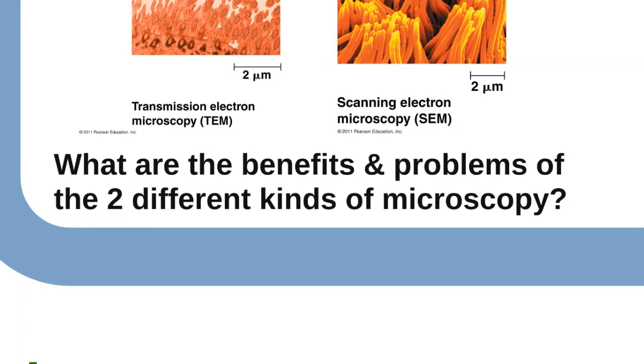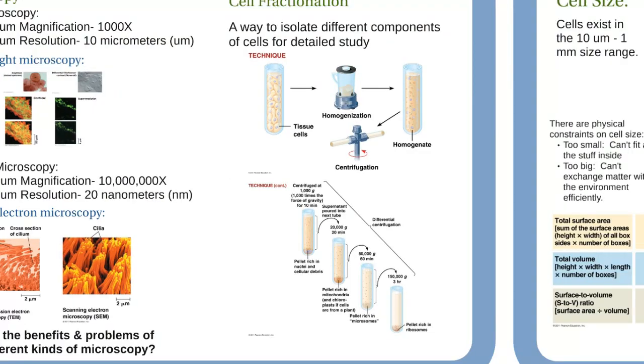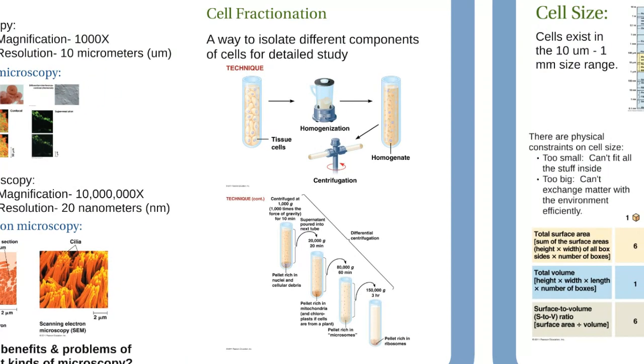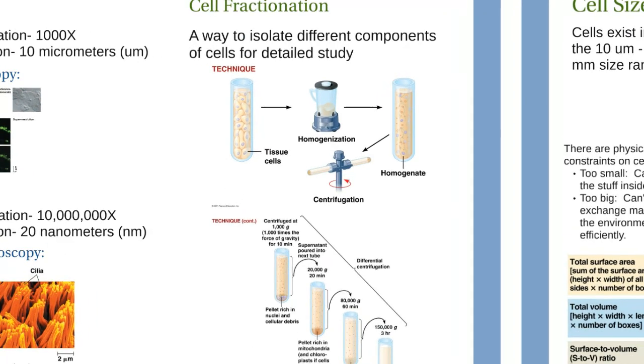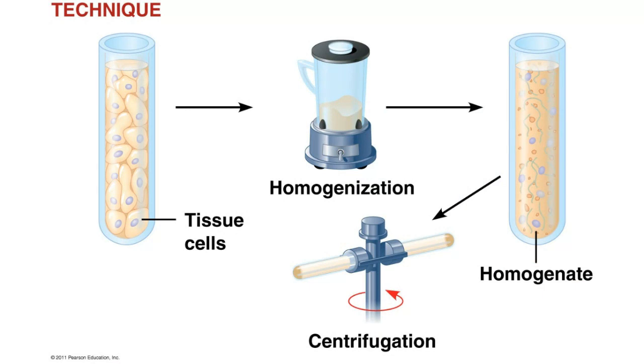The electron microscope's much better resolution, much greater magnification, but also much more expensive for the technology and it's not as easy to access. So unless you're at a high-grade lab or a university research institution, you probably won't have access to a scanning electron microscope.